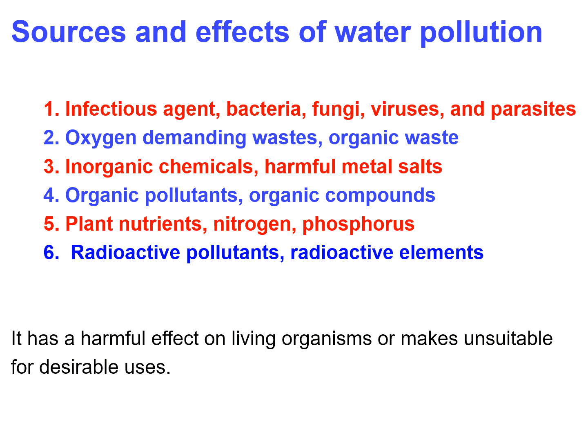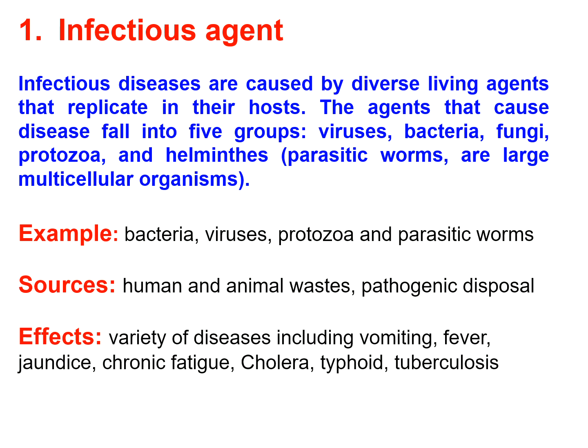The fourth is organic pollutants, other organic compounds like pesticides or insecticides. The fifth is plant nutrients, the nitrogen and phosphorus compounds, and the sixth is radioactive pollutants or radioactive elements. They all are sources of water pollution. Now we will discuss their effects in detail.